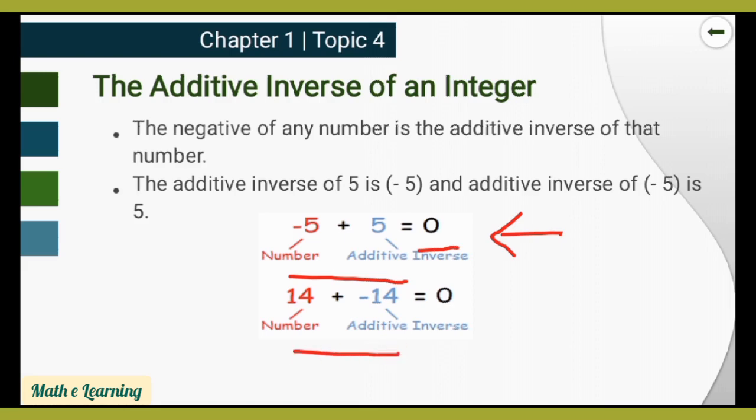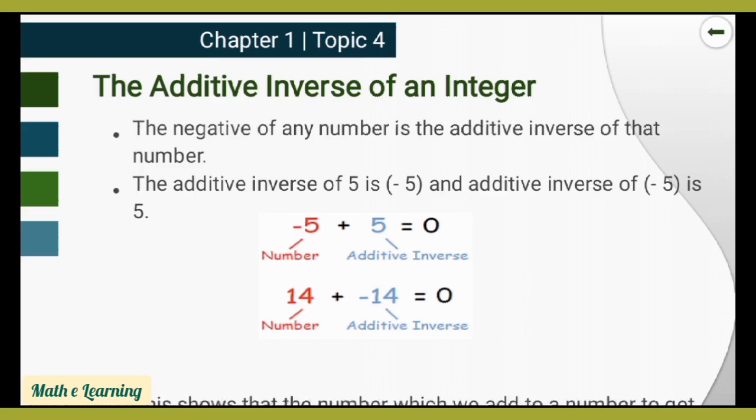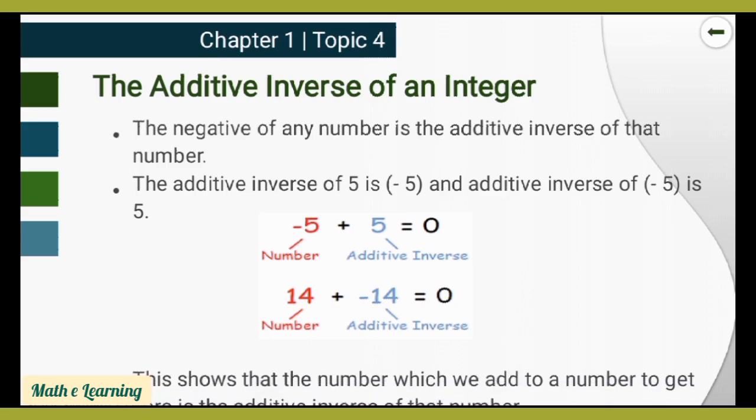The same here. This shows that the number which we add to a number to get 0 is actually the additive inverse of that number.